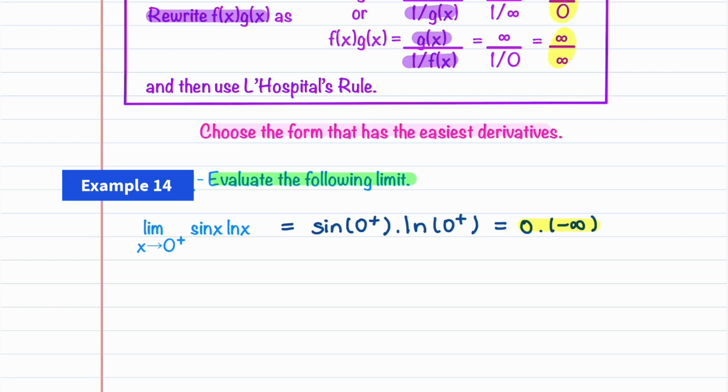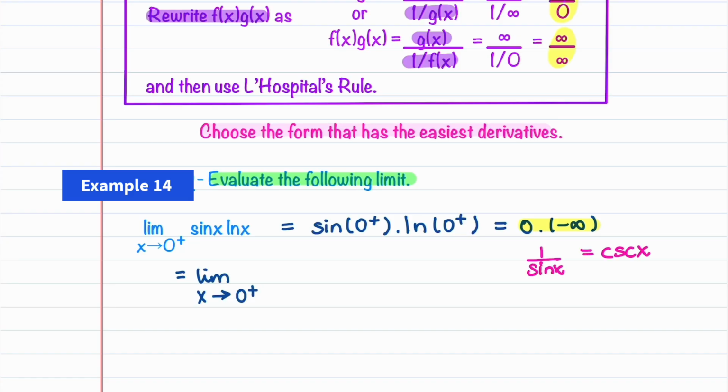This means that we need to rewrite our function. Let's go ahead and do that. We're going to write this as the limit as x approaches 0 from the right. Now we have to decide, do we want to put 1 over sine x in the denominator or 1 over natural log x? 1 over sine x, let me go ahead and write this over here, is cosecant x.